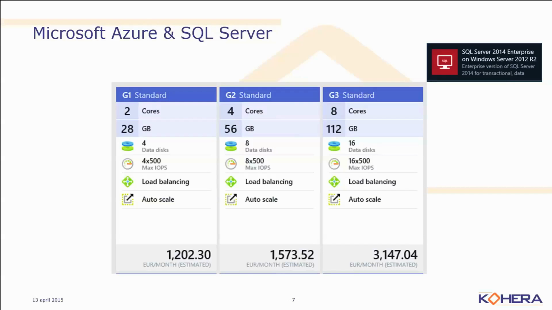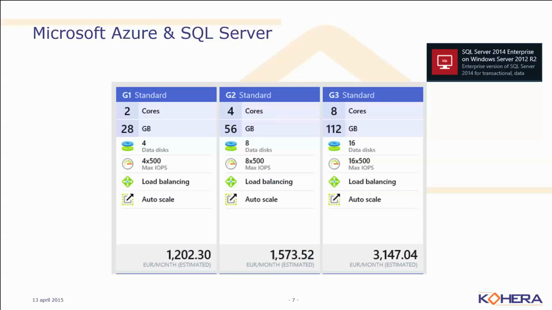Now, next to that, you can also run Microsoft SQL Server immediately pre-installed in a virtual machine by means of the templates that you have in the Azure Gallery. Now, this comes with the same settings as a VM, only this time SQL Server comes pre-installed, and it immediately comes with a license cost.